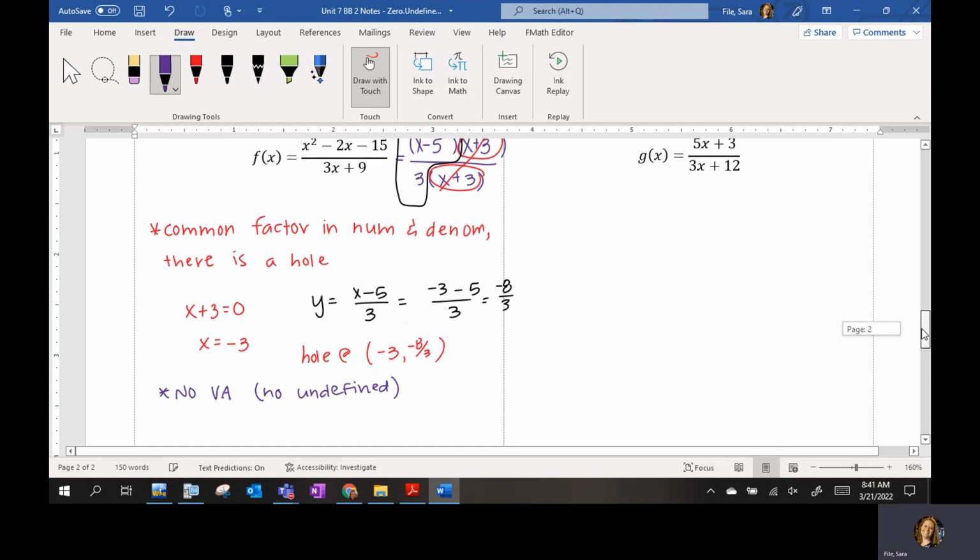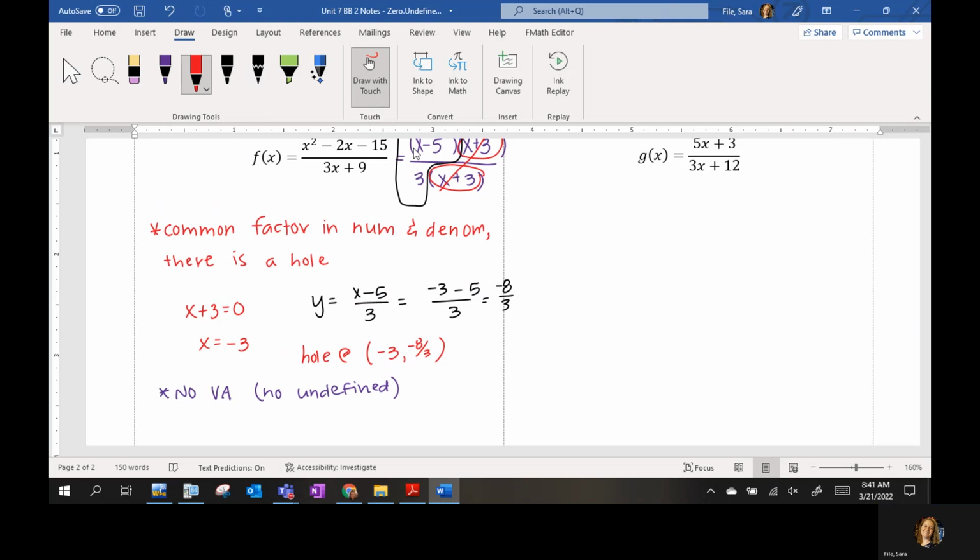Now, I know it didn't ask for this, but I'm going to go ahead and put it, since we're talking about zeros, indeterminates, and undefined. There is a 0. What would make the numerator equal to 0? Because the numerator that's left is x minus 5, right?